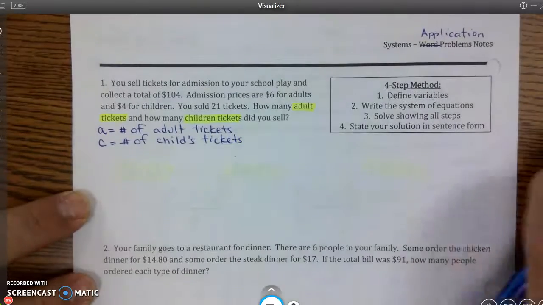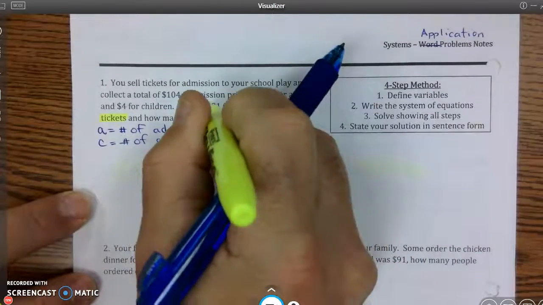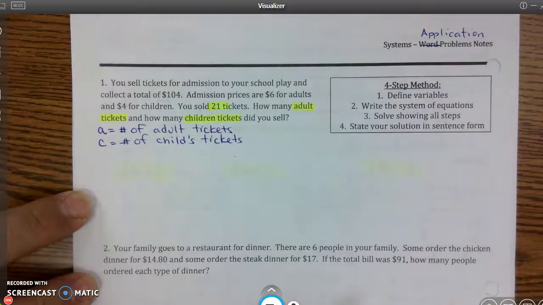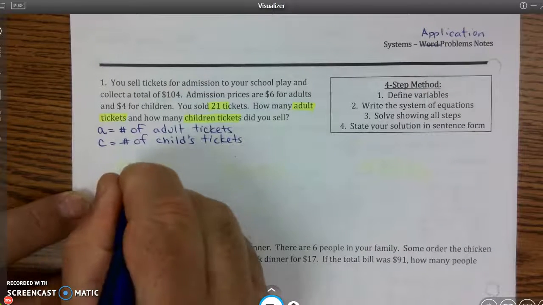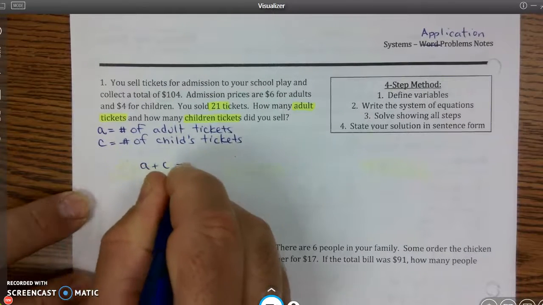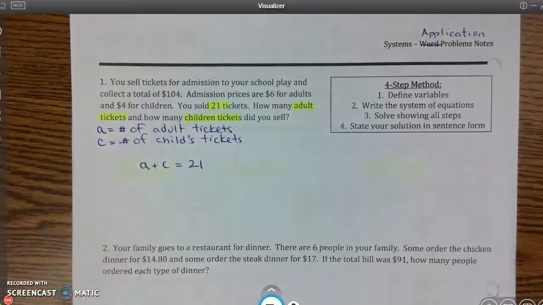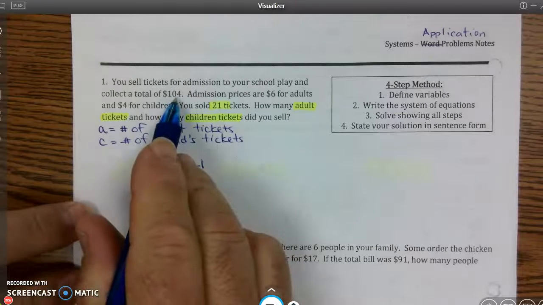Now, we are told that we sell 21 tickets. We don't know how many of each, but we do know that A plus C must equal 21. Right? Makes sense, right, everybody? Now, you collect a total of $104, but you don't know how much of that came from children's tickets or adult tickets.